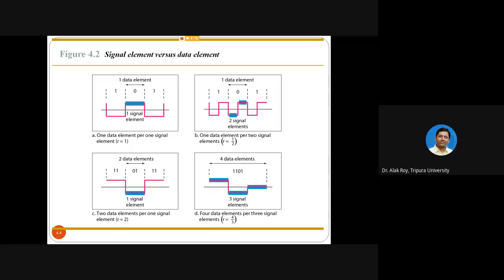Sometimes you can represent 0, 1 using only one signal element, so here two data elements are represented with one signal element. Sometimes four data elements can be represented using three signal elements, means whenever you have high, low and middle, that will represent 1101. So this can be a scenario in line coding, means signal element is different, data element is different.